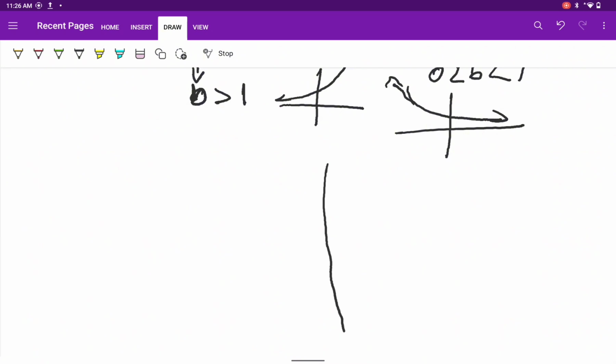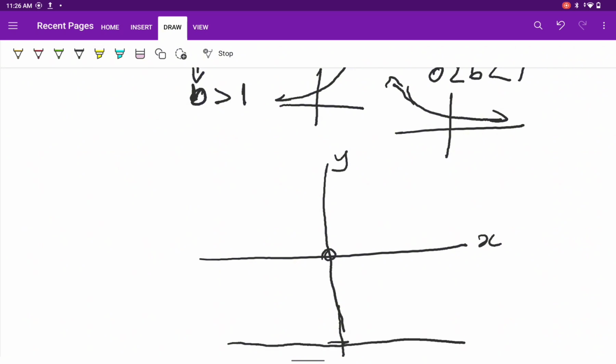So this is the x-axis, this is the y-axis. We have a 0 there, and then let's say this is our asymptote at -4. So we have our asymptote at -4, the y-intercept at -3, and then we have the x-intercept.